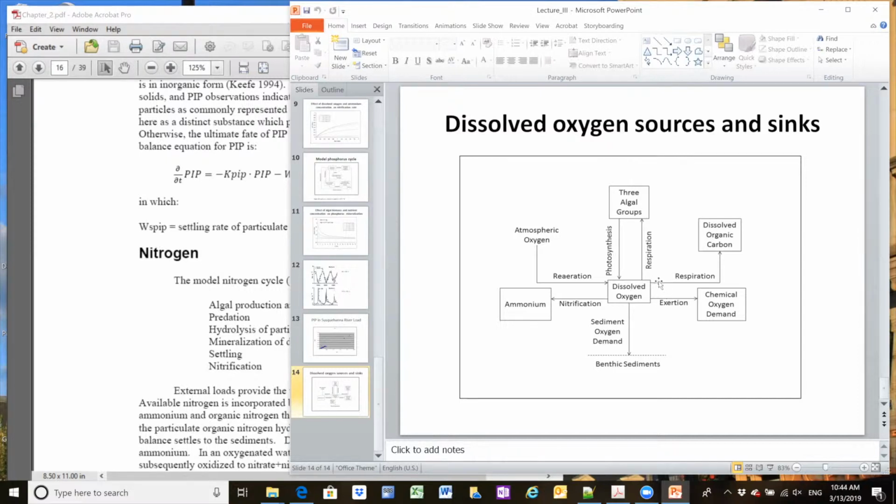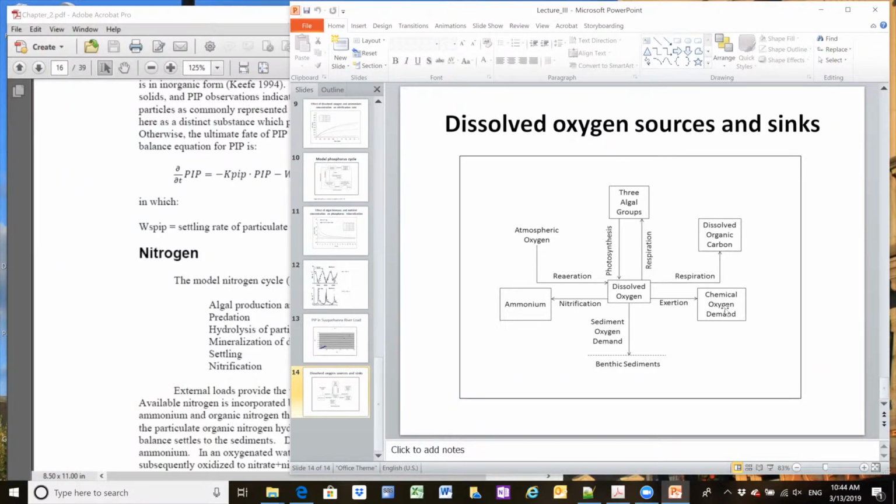Dissolved oxygen is consumed when dissolved organic carbon mineralizes. Organic carbon goes to CO2, requires oxygen. We haven't talked much about chemical oxygen demand, but we heard yesterday in our lecture about the sediment diagenesis model that the sediments produce sulfide, which is a reduced substance, and methane.